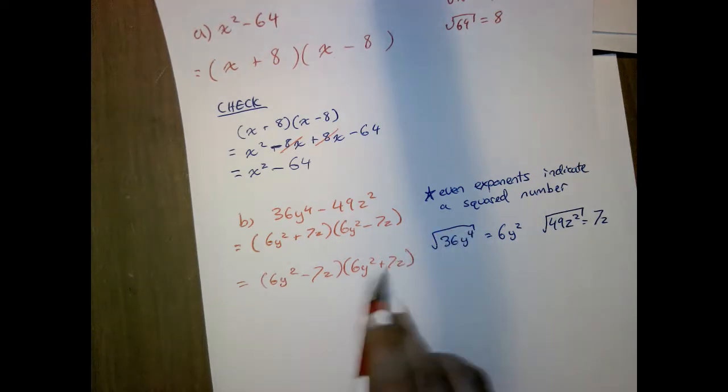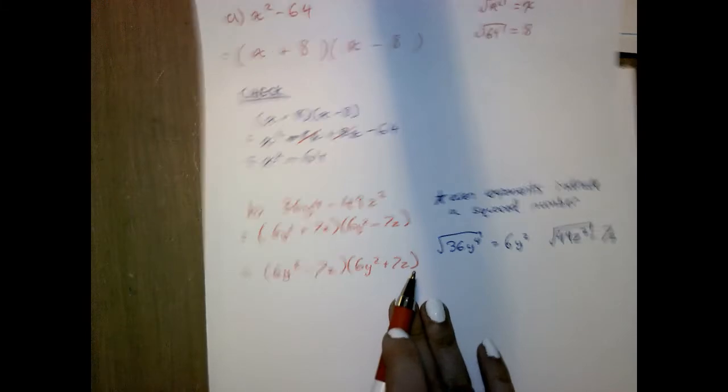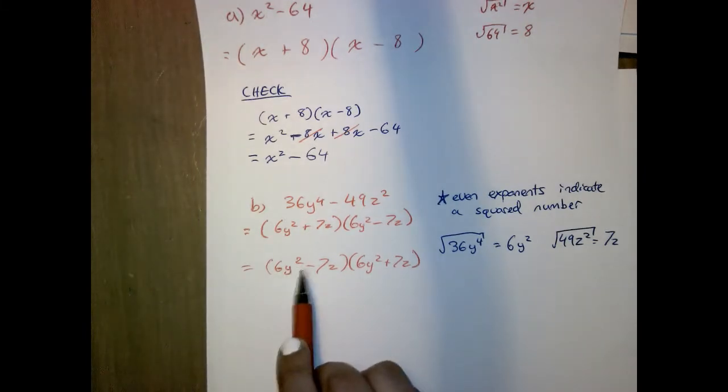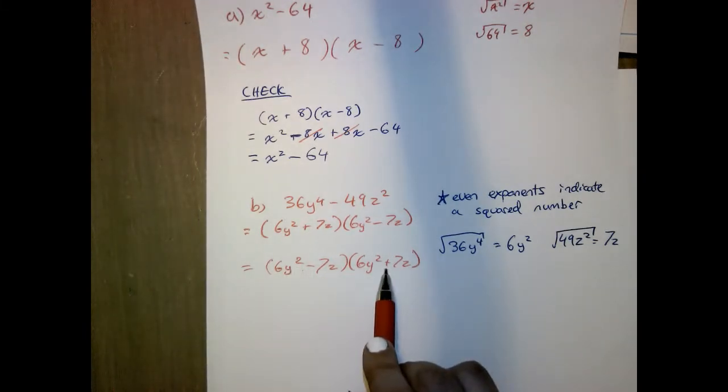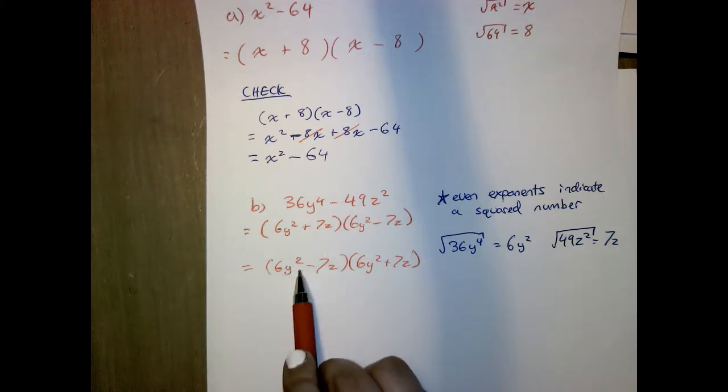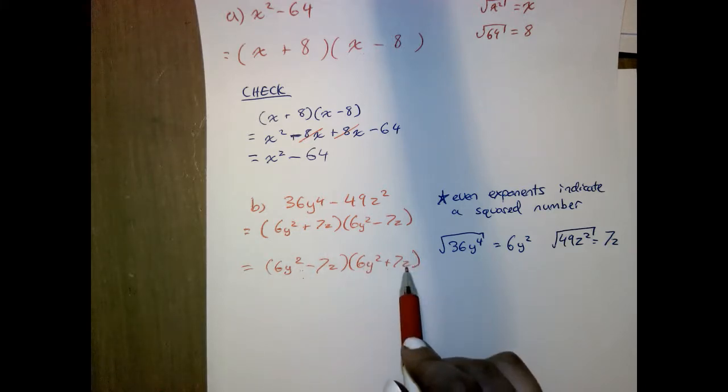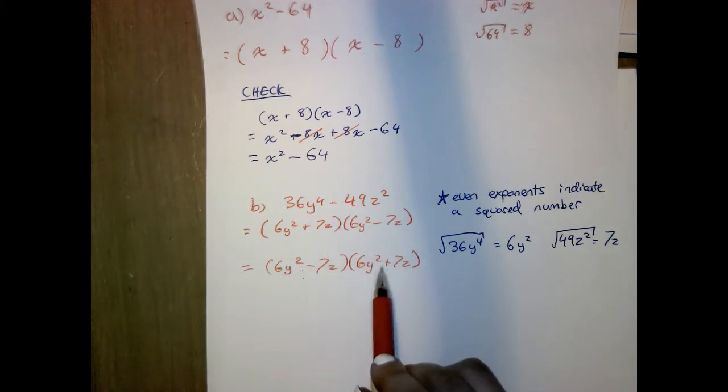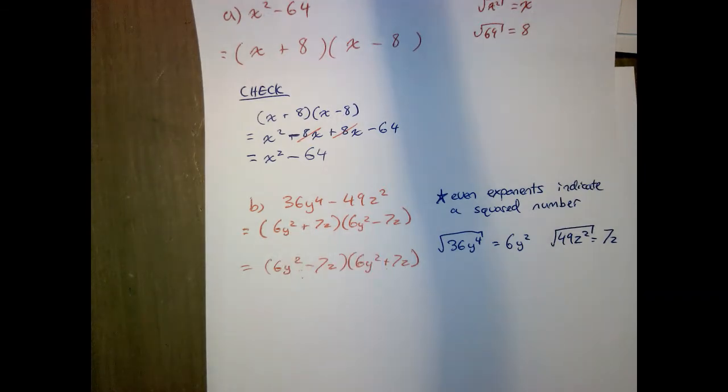And the reason for this is that any number times that number, like let's say this equaled 5 and this equaled 6, right? 5 times 6 is the same as 6 times 5. So it doesn't really matter which brackets you put first. No marks would be docked for that.